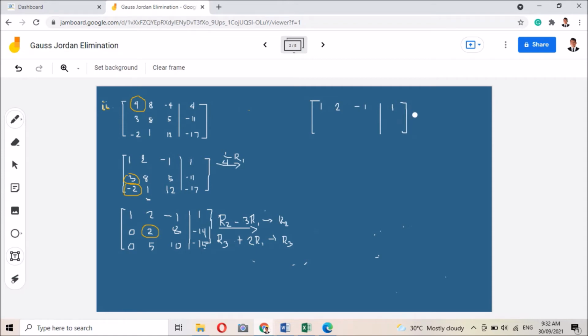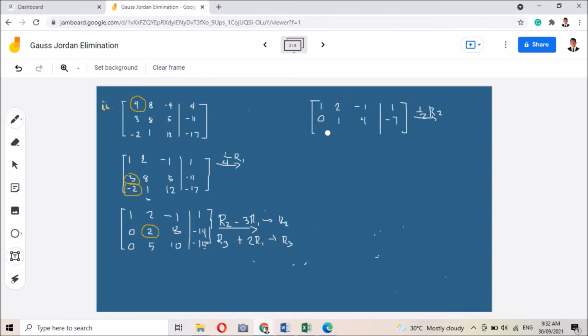For row 2, we multiply by 1/2 r sub 2. 1/2 times 0 equals 0. Then 1/2 times 2 equals 1. And 1/2 times 8 will give us positive 4. And 1/2 times negative 14 is negative 7.